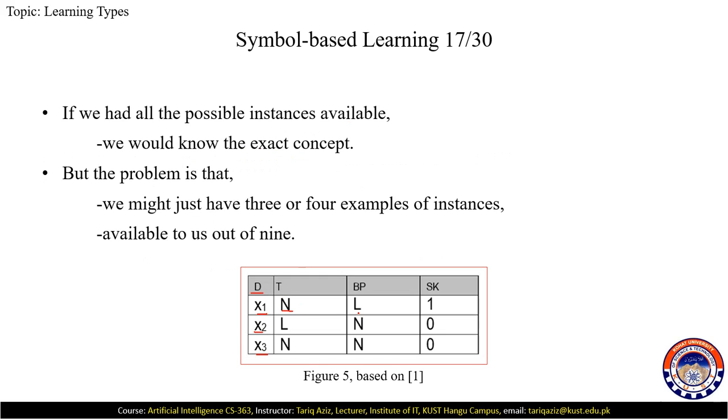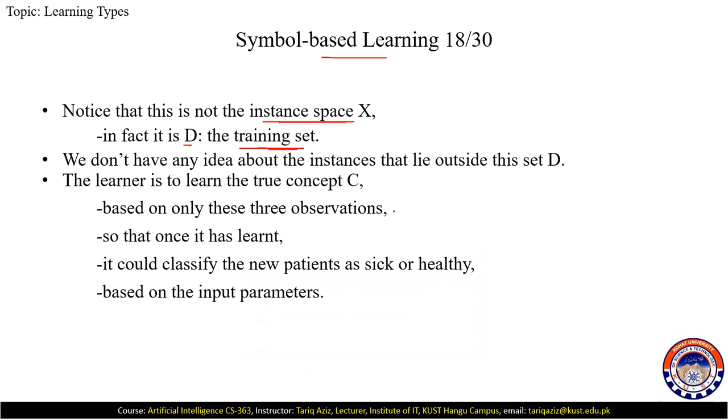If temperature is normal and blood pressure is normal, then the concept space is 6. But if the temperature is normal and the BP is normal, then the concept space is not 6, it is 0, and this is also 0 in this case. What we mean to say is that we will have a limited set of instance spaces like this. We will denote this instance space with D, which is known as the training set.